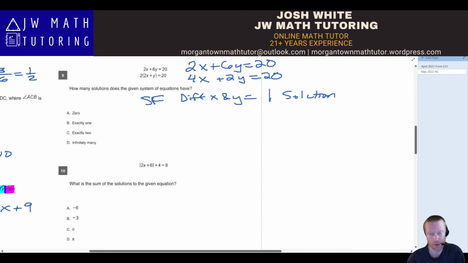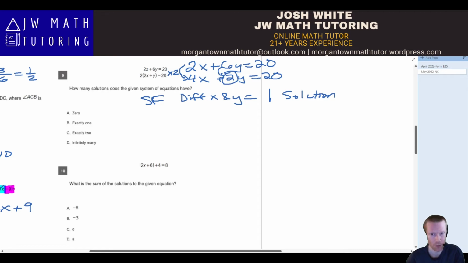The scale factor, or the multiplier, is again the number that you multiply to get from one equation to the other. So if we look from the top to the bottom, here the scale factor is 2. 2 times 2 makes 4. However, if we look at the y's, from top to bottom, it's not 2. This number here would have to be 12 for the scale factor to be 2.